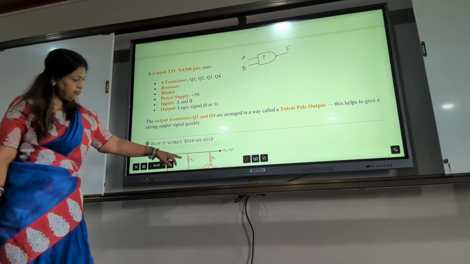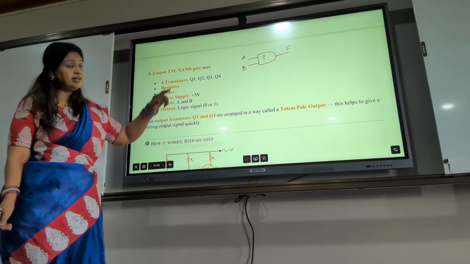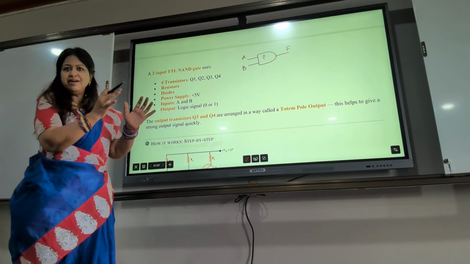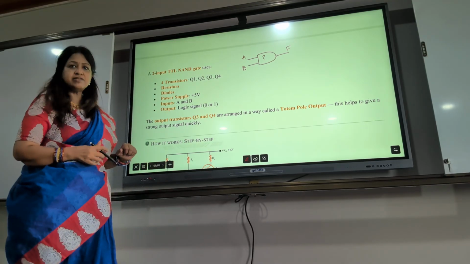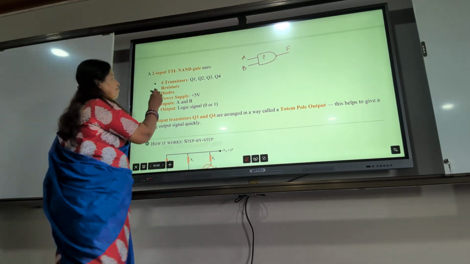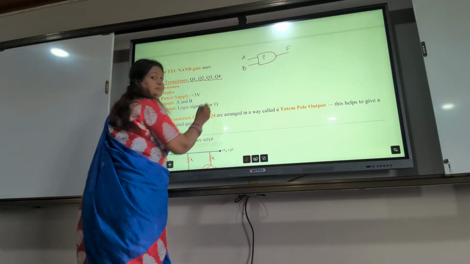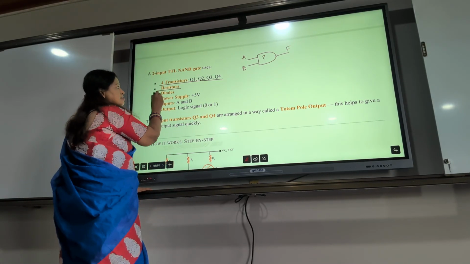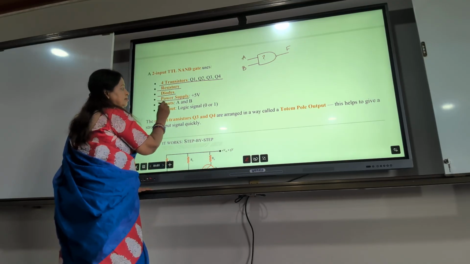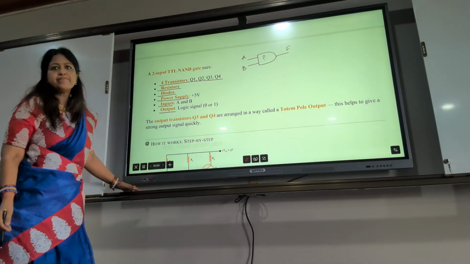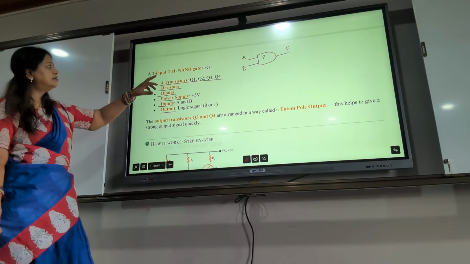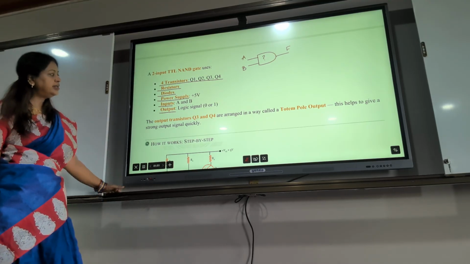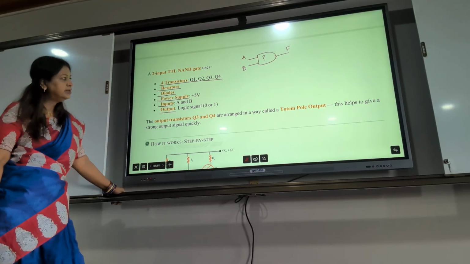That is a symbol, but inside we have this. We will have 4 transistors, resistors, diodes, and a power supply. The NAND gate consists of all this.